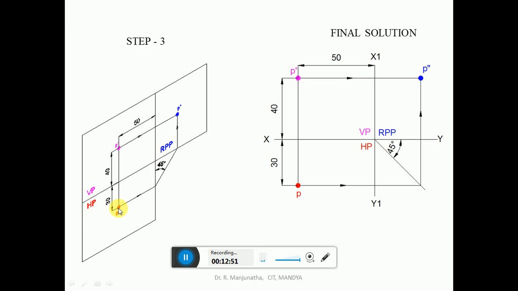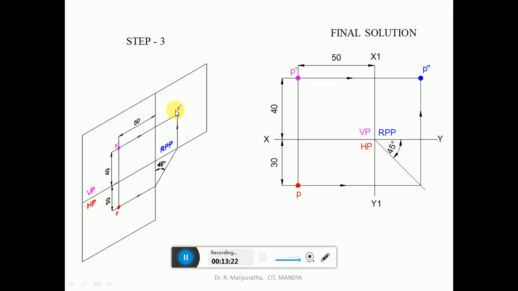So from the point small p, when it is projected onto this end of the horizontal plane, the distance in front of VP will be vertical, and then when the line is rotated by an angle of 45 degrees, this vertical distance of 30 mm is transferred into a horizontal distance, and further when it is projected up, it is going to intersect at this point, which is going to be P double dash.